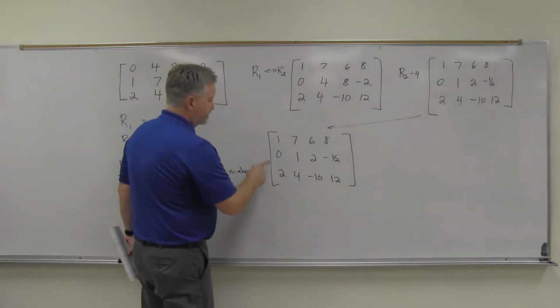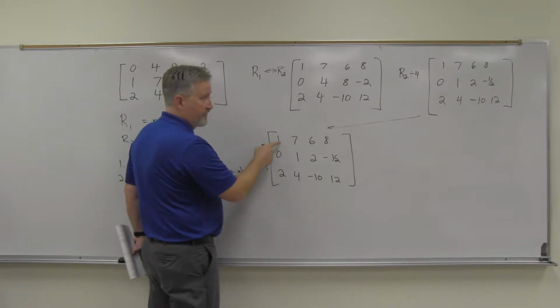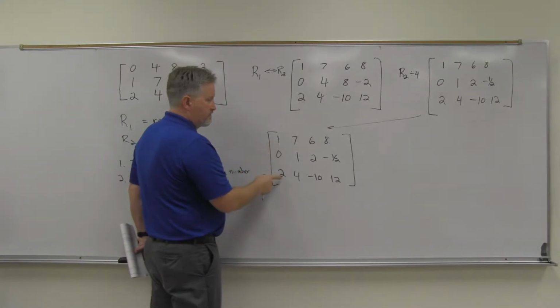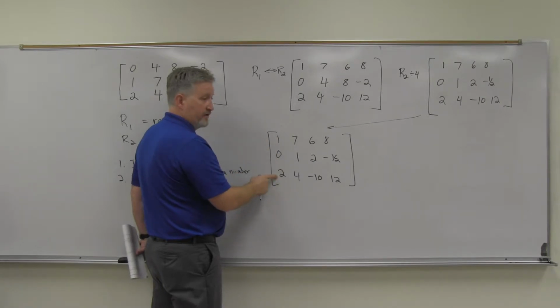So here's what we've got to do. Since the only thing that matches up with the 2 here is the 1, let's think about what I could do with row 1 and combine it with row 3. If I multiplied row 1 by negative 2, and then added it to row 3 to replace row 3, that's going to get that to be 0, right? You see what I'm saying?